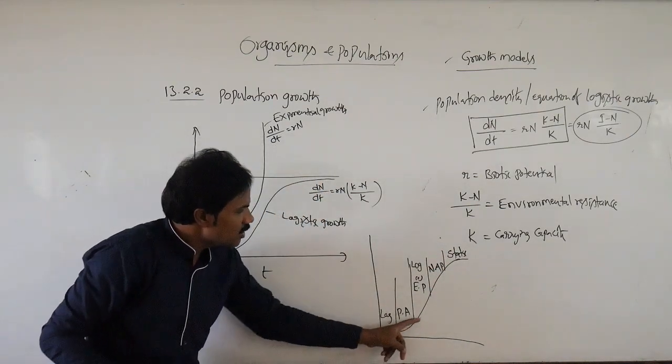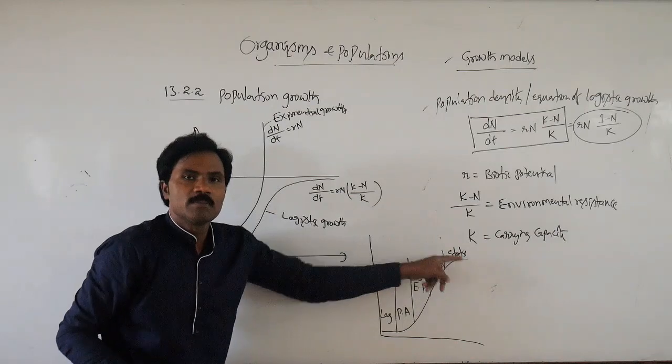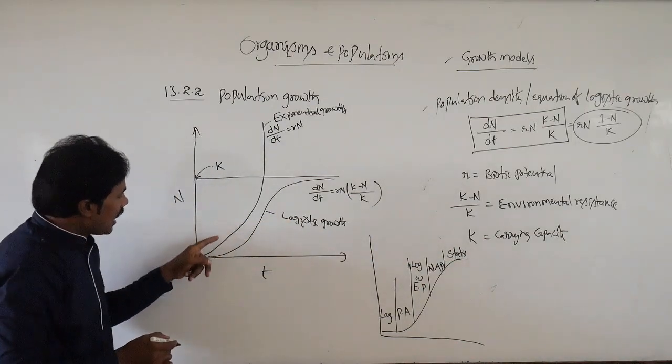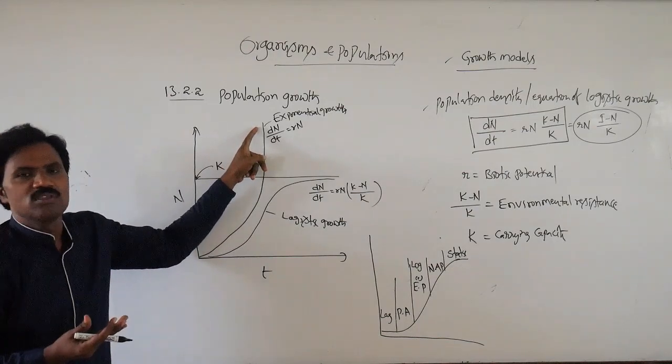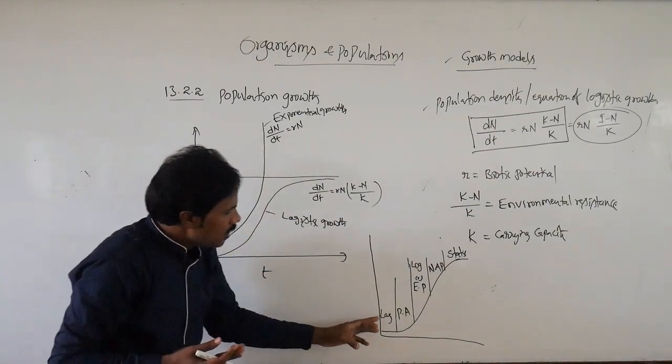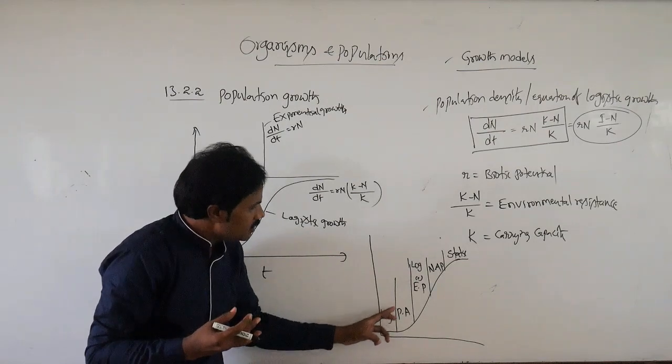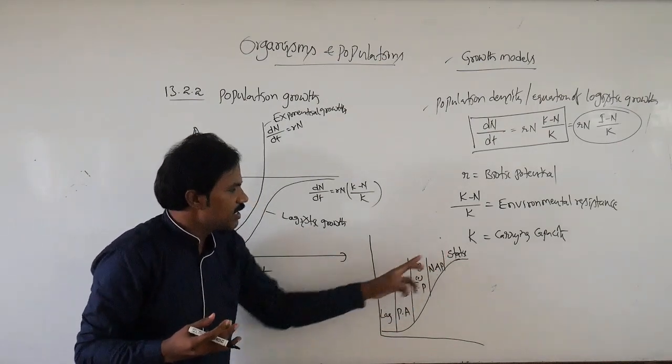We segregate it in this manner, but in the J-shaped one, only three phases are present: lag phase, log phase and static phase. Broadly, lag, log and static, three only.